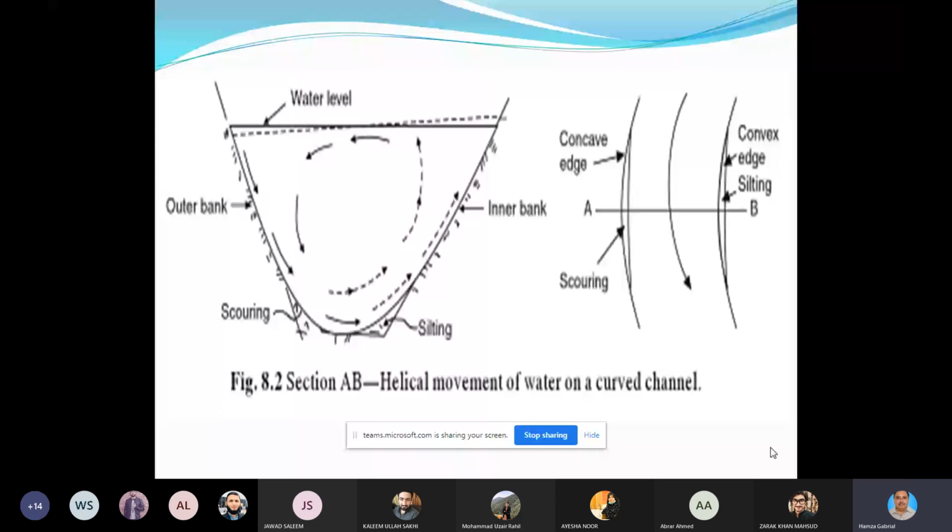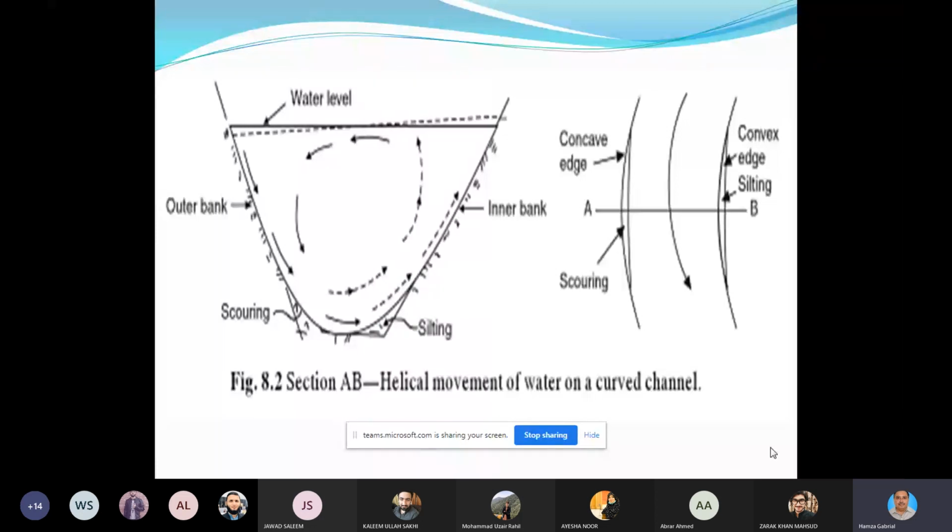So this you see is the helical movement of water in a curved channel while it is negotiating a bend. Water from inner to outer tries to flow, but due to centrifugal forces, in order to keep the water at level, it will try to stop it.